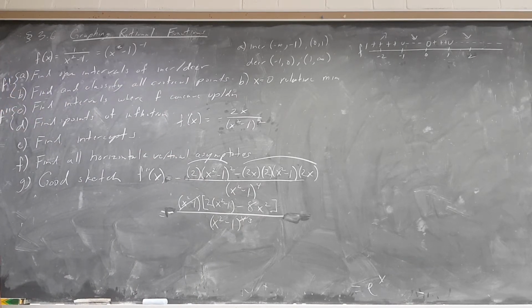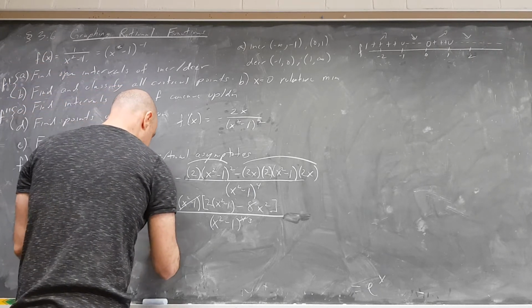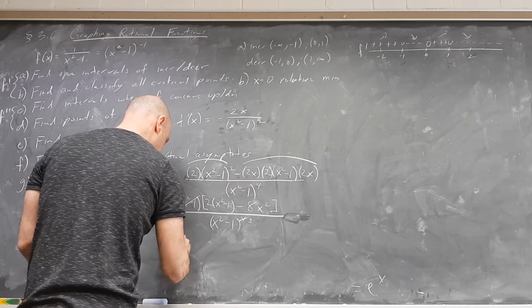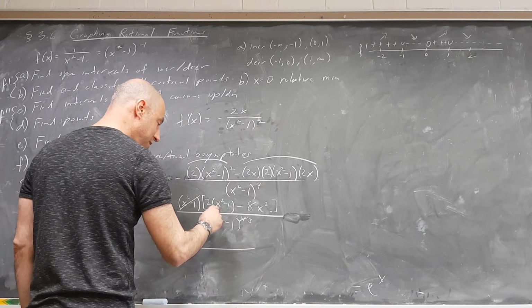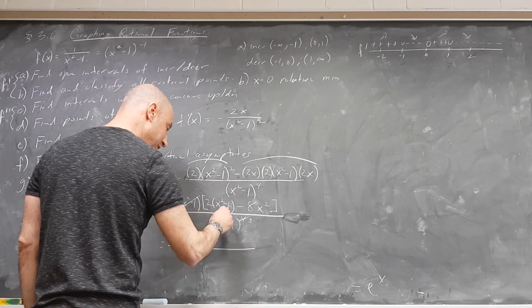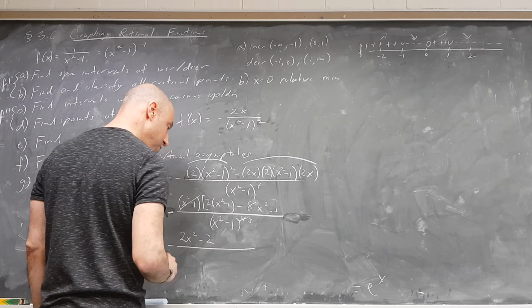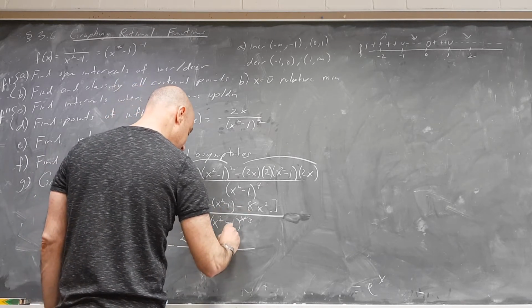And the top is starting to look better. Not great, but better. So minus 2 times x squared is 2x squared. 2 times minus 1 is minus 2. And then we have a minus 8.